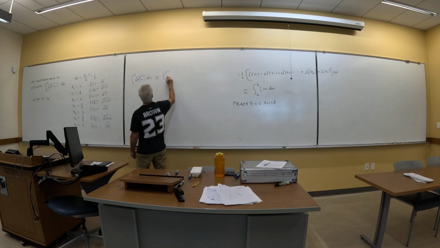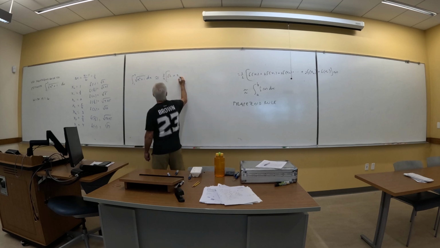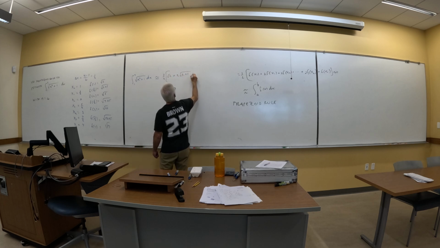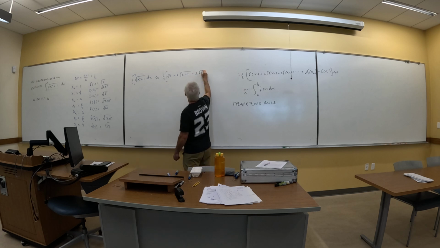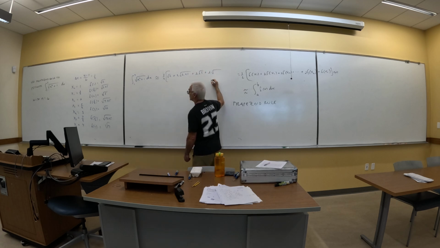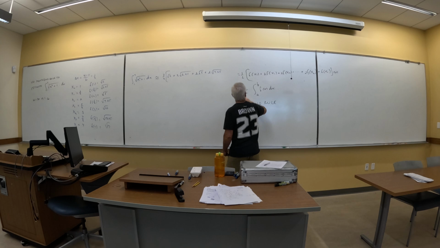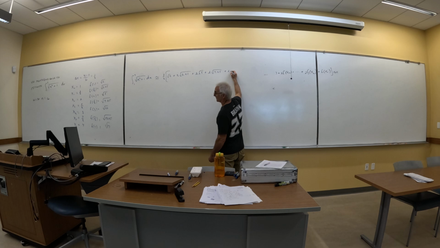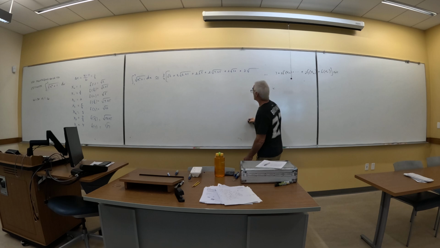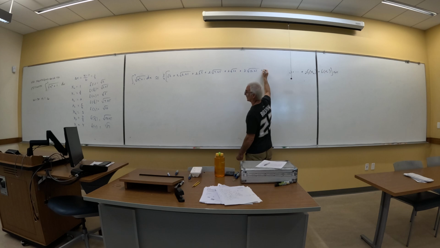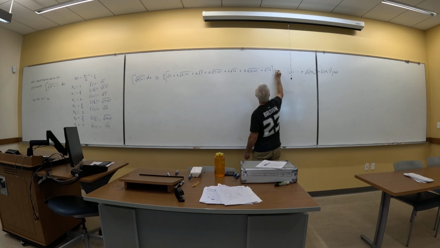So I'm going to write root 2 plus 2 times root 3.25 plus 2 times root 5 plus 2 times root 7.25 plus 2 times root 10 plus 2 times root 13.25 plus just the last one now, root 17, and the whole thing was times 1/2.